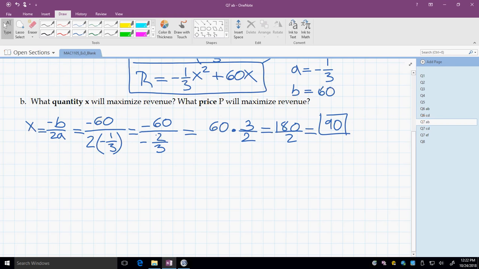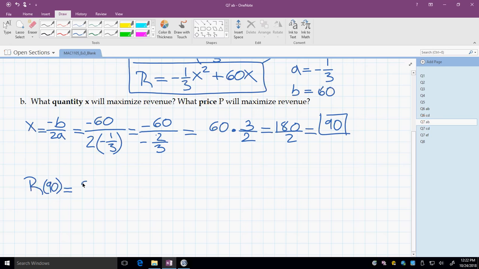Now the second question is what price P will maximize revenue. I'm going to check my revenue equation. Revenue function, and I'm going to substitute quantity by 90 so I can figure out the price.